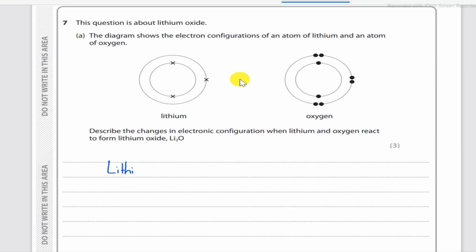Lithium loses one electron, or gives one electron to oxygen.